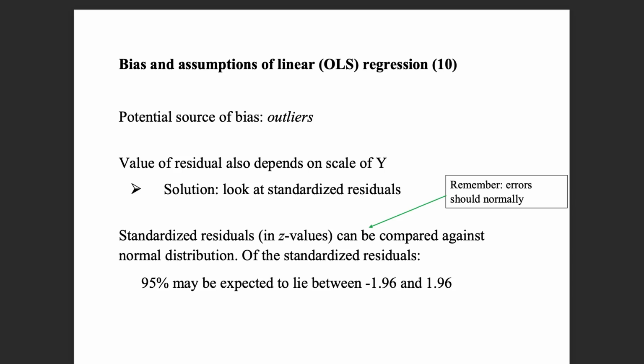And conversely, we should see that only around 5% of the cases, measured with standardized residuals, are outside of that. So they have a standardized residual that's either smaller than minus 1.96, so more negative, or larger than 1.96, so an even larger positive value.